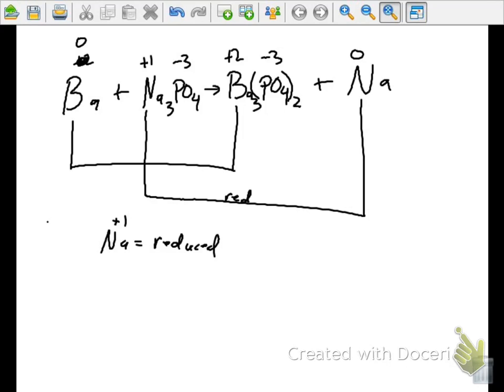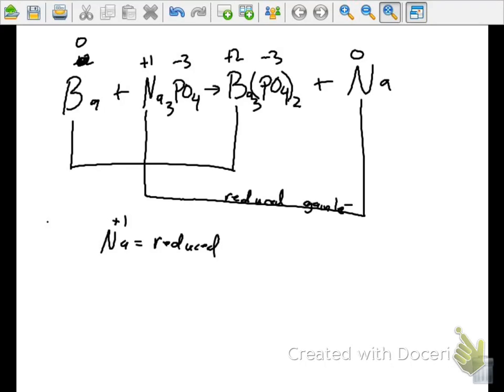How many electrons does it gain? One each. Every one that goes from the left to the right gains 1 electron. Barium is oxidized, right?